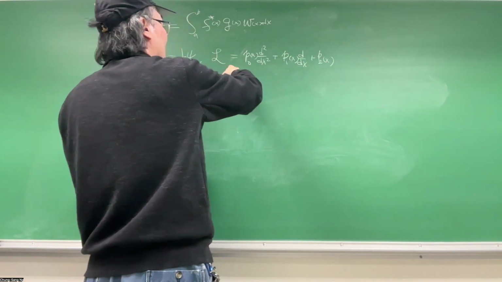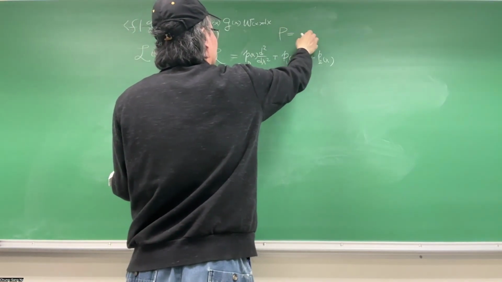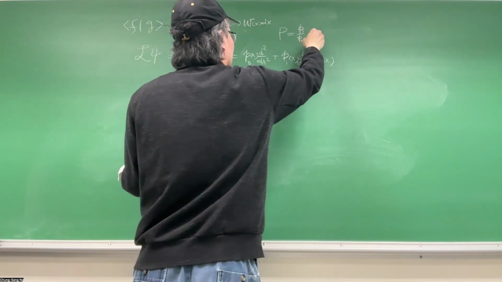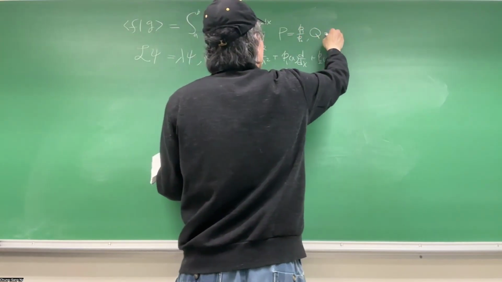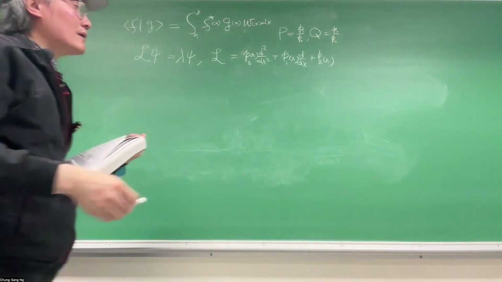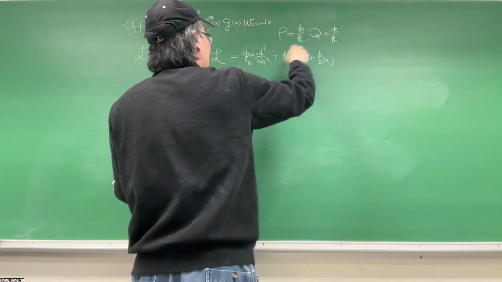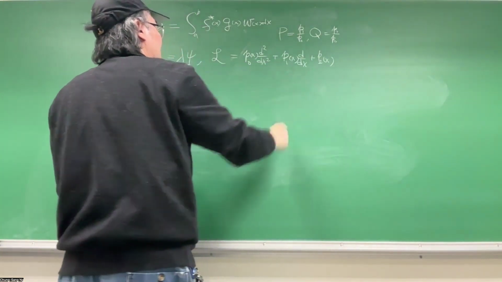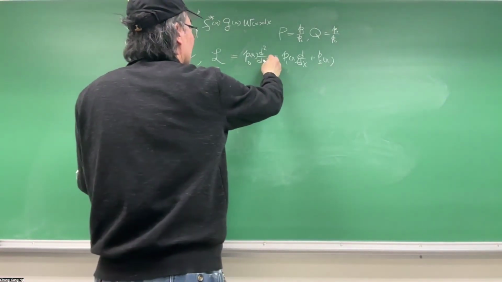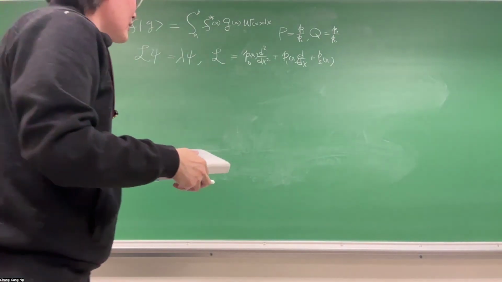Compared with this, obviously capital P is P sub 1 over P sub 0, and Q will be P sub 2 over P sub 0. Using the old language it will be this one, but in this chapter we use this one because the first case we consider is the so-called self-adjoint condition.